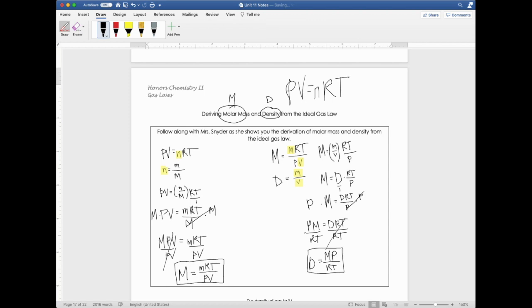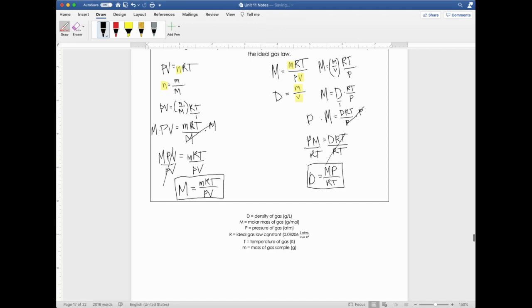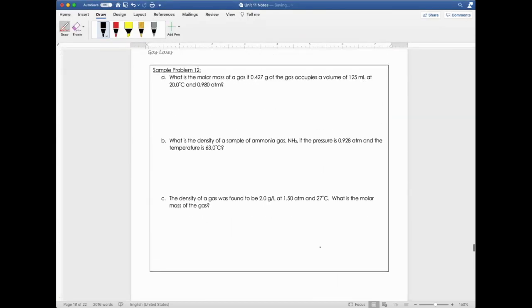So again, there's really no right or wrong way on how to solve any of these following examples. So here's what all of those variables mean down below. And here are just 3 examples of using those 3 equations. There is no right or wrong answer as to what equation you should use. As long as you are solving it correctly, that's all that matters.